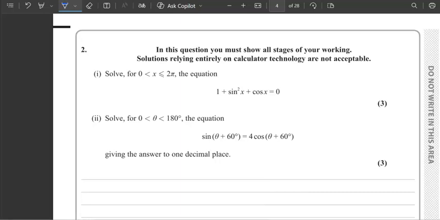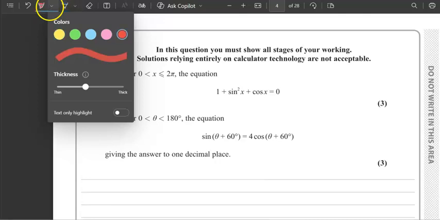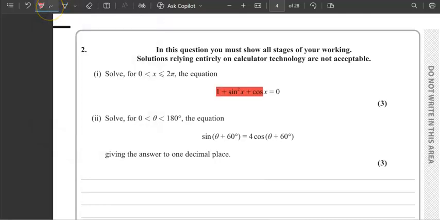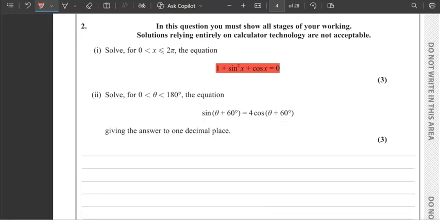Now, let's turn to question 2, Roman 1. You're told to solve for x greater than 0 and less than or equal to 2 pi: 1 plus sine x plus cos x equals 0.